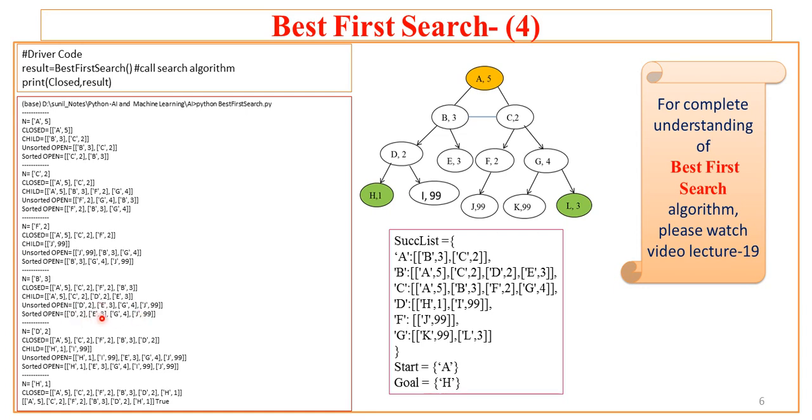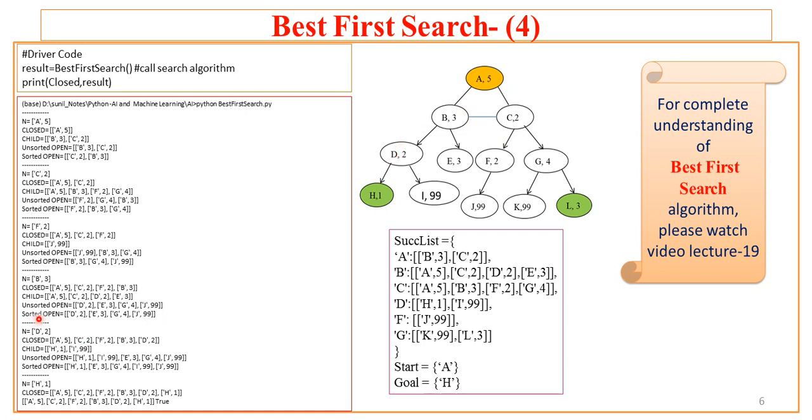So this will be D, E, G and J. Now with this new open, it starts the next iteration. It picks the front node, that is D, from the open, and adds it to the closed. So nodes visited so far are A, C, F, B and D.